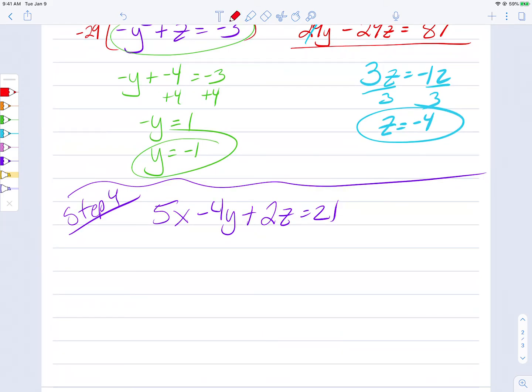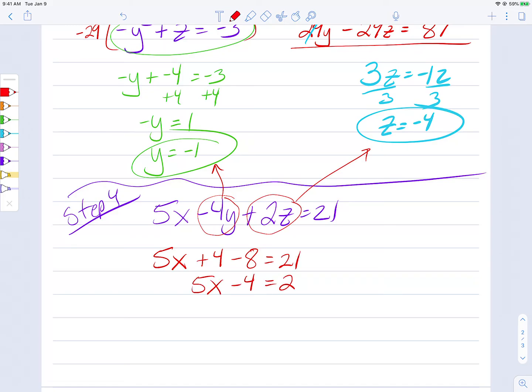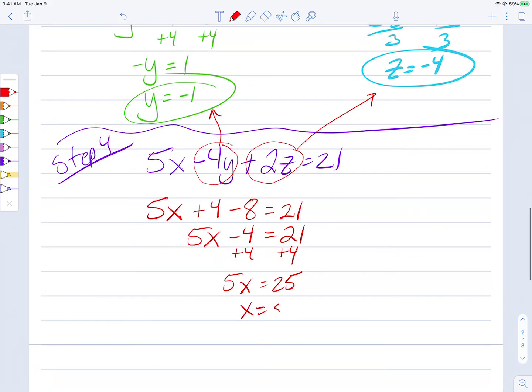Negative 4 times negative 1 is a positive 4. 2 times negative 4 is negative 8 and equals 21. So 5x minus 4 if I combine like terms. So if I add 4 to both sides, I get 5x equals 25. So then x equals 5.